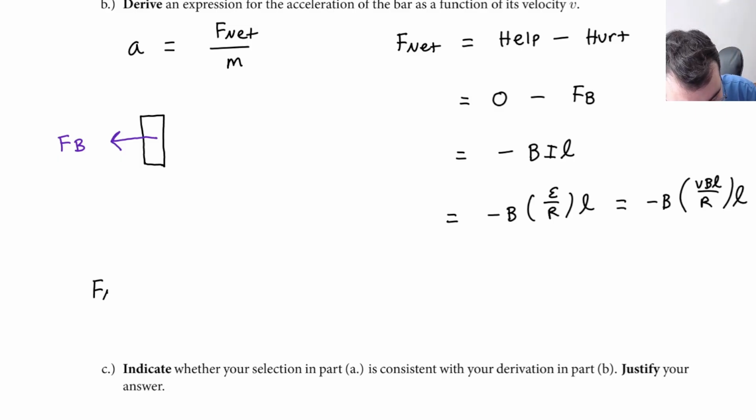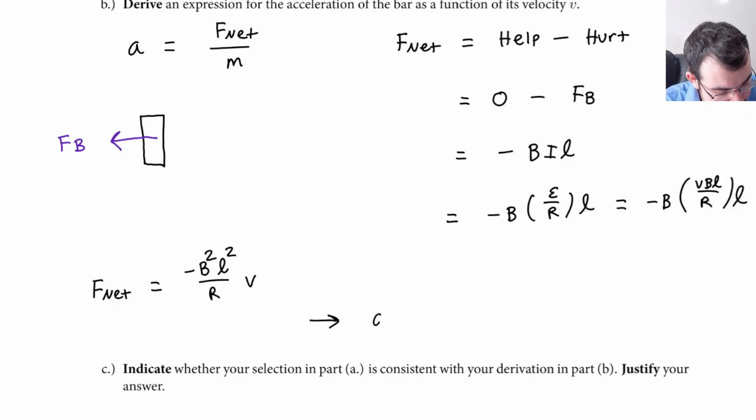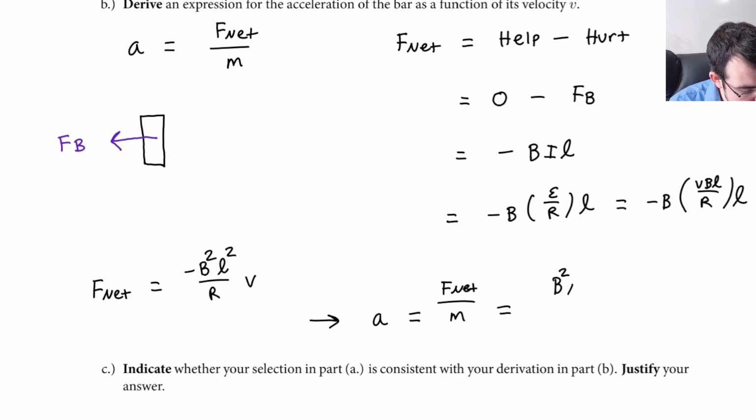So we actually see that our F net is going to be due to the Bill force, and that's negative V squared L squared over R times V. So this means that our acceleration is just going to be that exact thing, but divided by m. Newton's second law says we get acceleration by just tacking on an m in the denominator. So we get B squared L squared over mR times V, and that is oriented to the left.